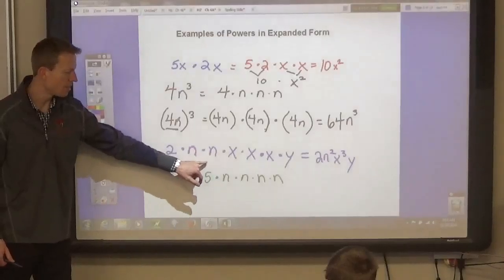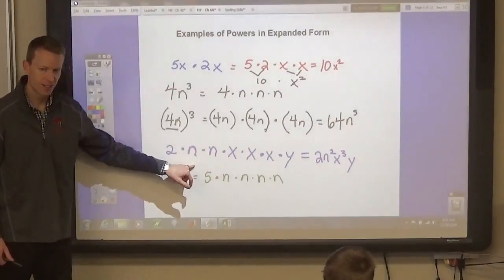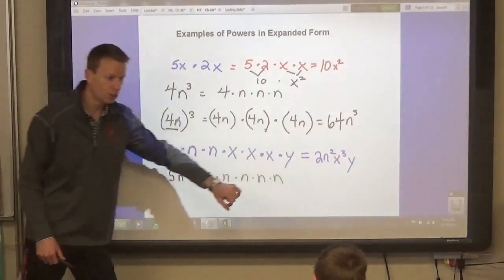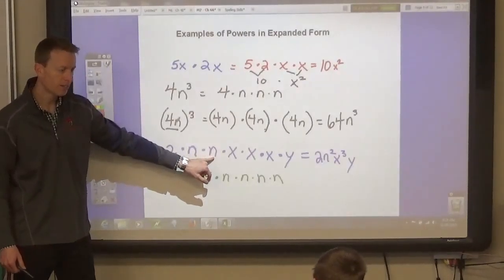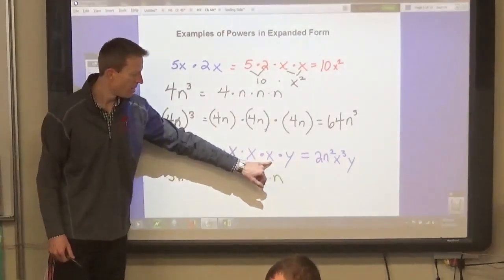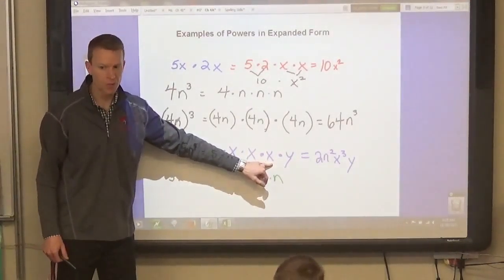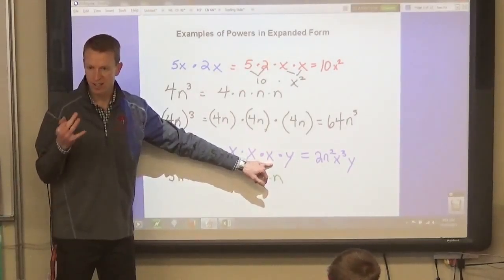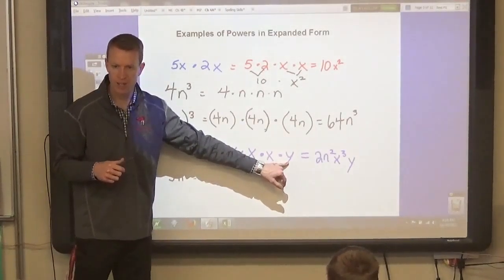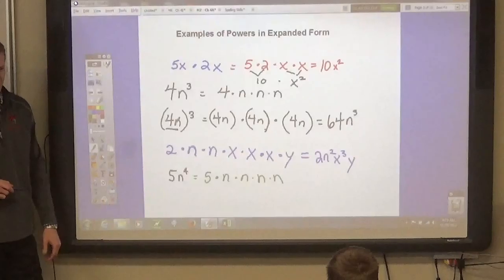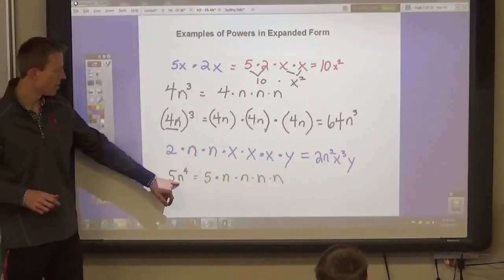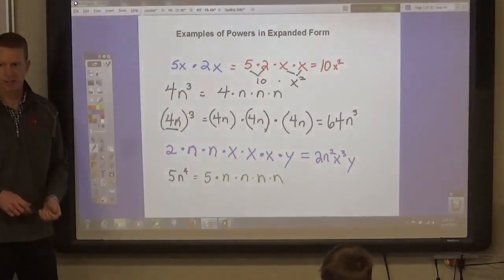So it's 2 times n, so the n's are squared, there's 2 of them, 2n squared times x to the third power times y. You see how that's simplified? And then this one is another one like 4n to the third.